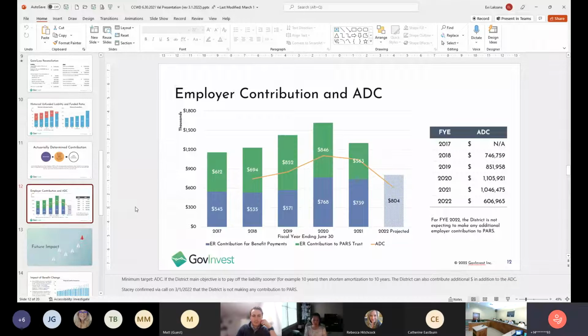Now, the ADC is only $606,000. So what we are seeing is essentially that you now have more expenses on the retiree healthcare side than what we suggest you contribute.